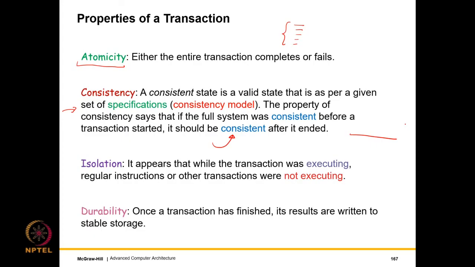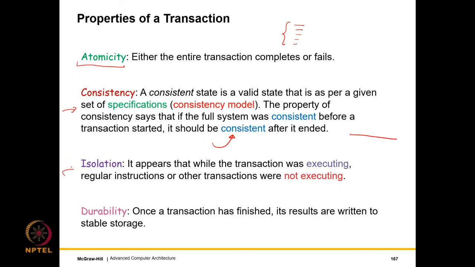Whereas in the case of memory consistency, it meant that at all points of time, the state is as per specifications. But in this case, the state is as per specifications, no doubt, and if we start at the beginning of a transaction, it needs to be consistent, and at the end also, it needs to appear to be consistent.